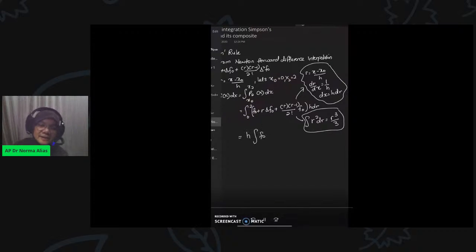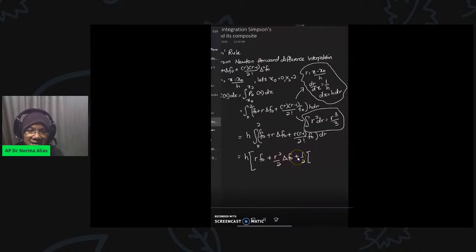It's very simple. Integrating with respect to r, you bring h outside because h is not included in the integral. You just find the integral of f0, the integral of r delta f0, and the integral of r(r minus 1) divided by 2 factorial. You get r f0, r power 2 divided by 2 delta f0, and then the other one is 1 over 2 times r power 3 divided by 3 minus r power 2 divided by 2, delta squared f0. Okay, so now you have succeeded in integrating the Newton forward function with respect to r.